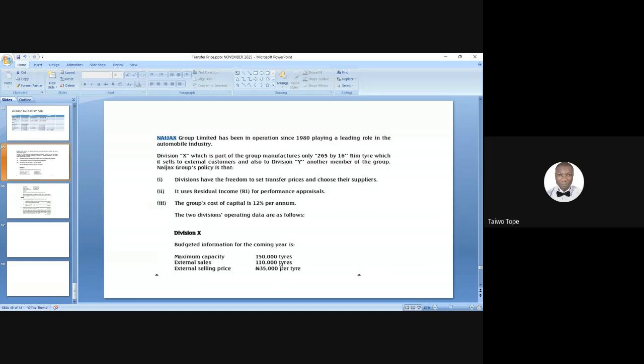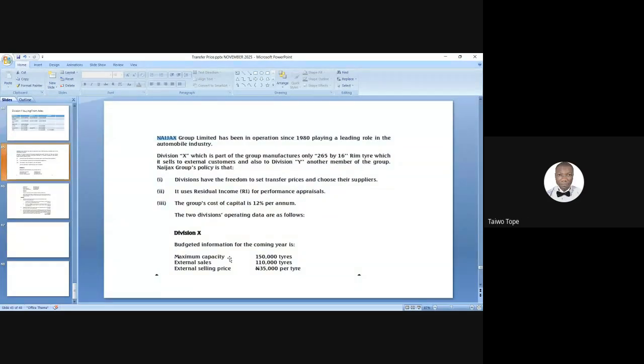External sales, take note, 110,000 tires. If they are to sell to Division Y, what quantity is available for them to give to Division Y? 40,000. Yes, take note.